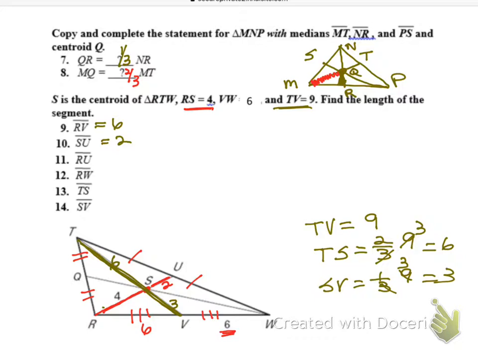RU is the whole piece, so it's 4 plus 2, so that is 6. And RW is the whole length of the bottom of the triangle, which is 6 plus 6, which is 12. TS is 6, because I've already labeled that. And SV, I've already labeled, is 3.